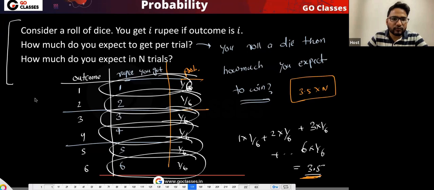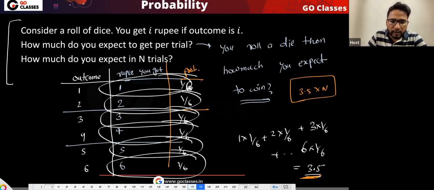Ekta is asking why 1 upon 21 will not be taken. From where are you getting this 21? Sum of the rupees? No, you do not need that. Don't get confused with this. What you need is the expectation formula.